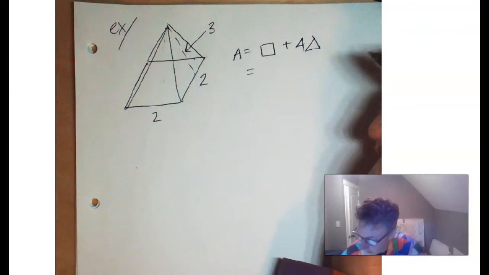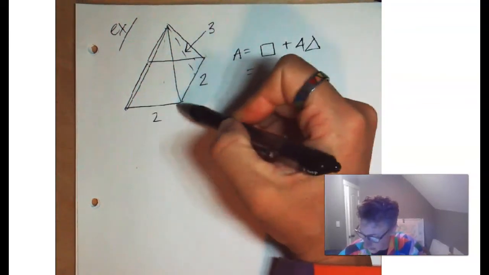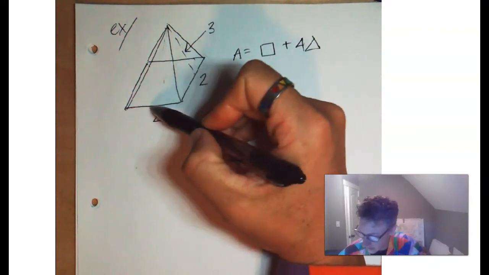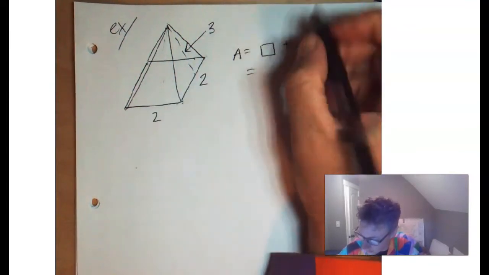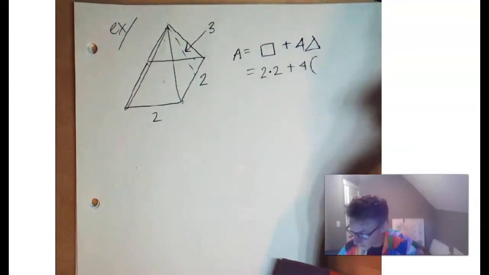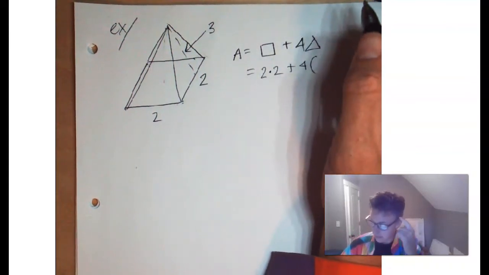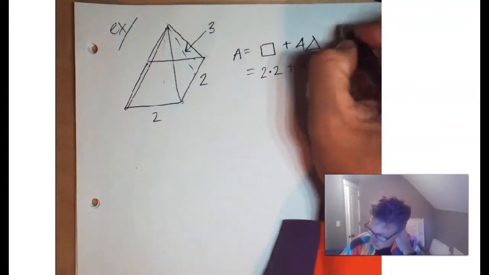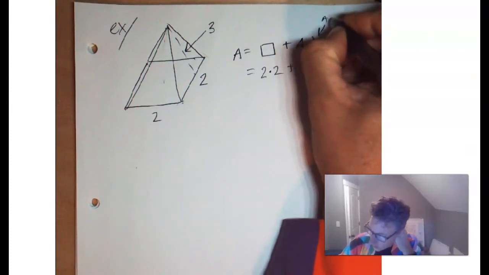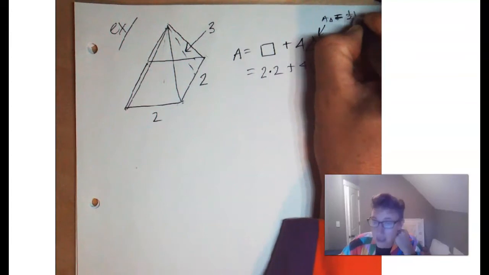Cool. Well, what is the area of the square? That is this guy here. Square's area is length times width, so 2 times 2. Plus our 4 triangles. What's the area of a triangle? A triangle is 1/2 the base times the height.